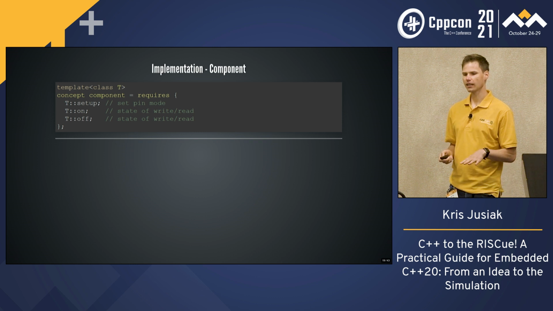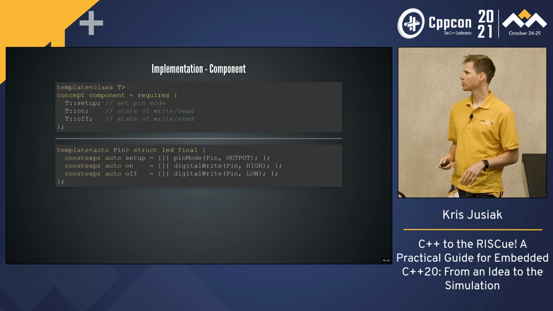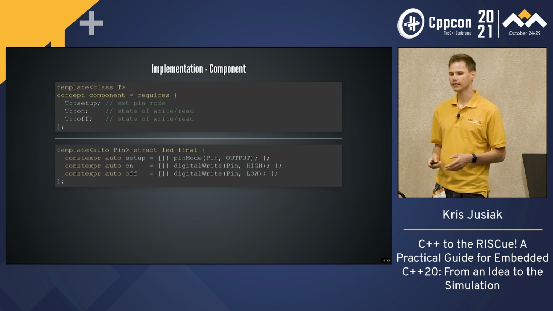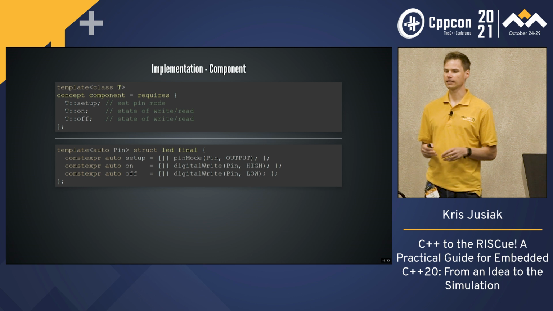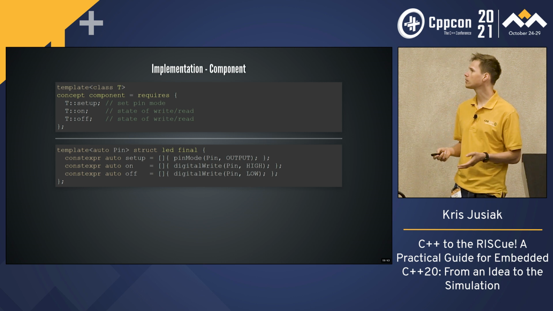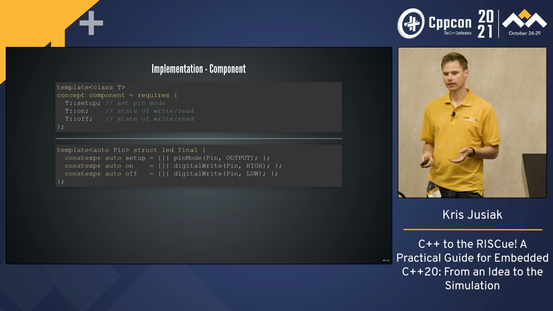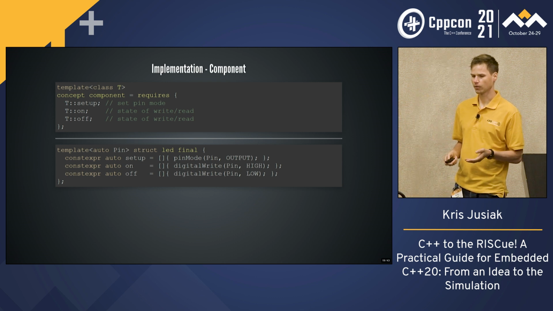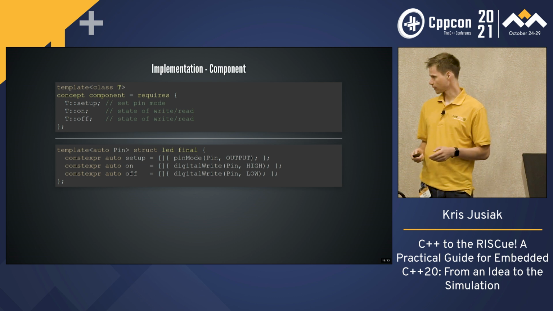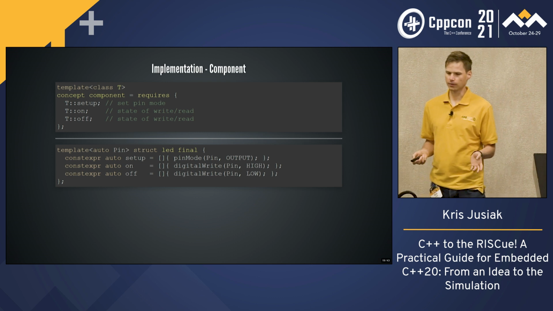So we'll have the concepts which have the setup, on and off, and two implementations for that component. One will be LED, where the setup will be just setting the pin mode, like in the embedded world you do, for the output in that case, and the on lambda will put that pin into the high state and off into the low state.